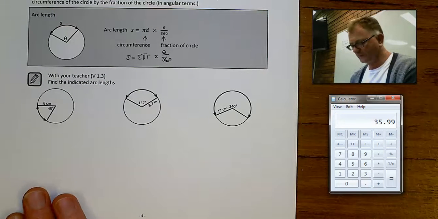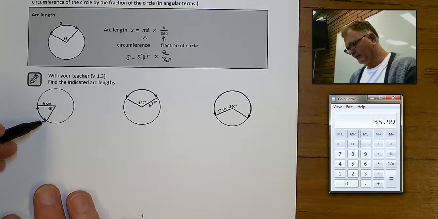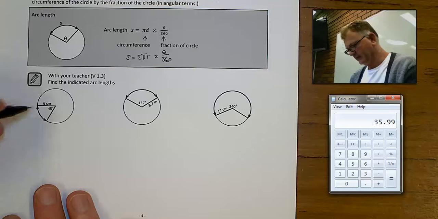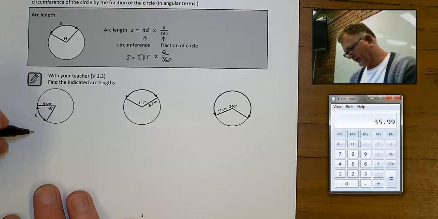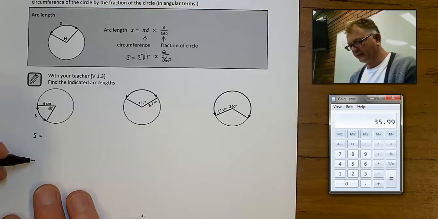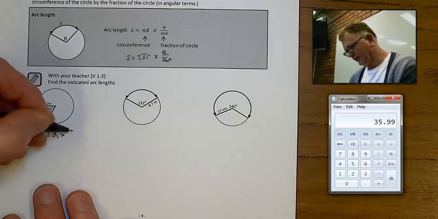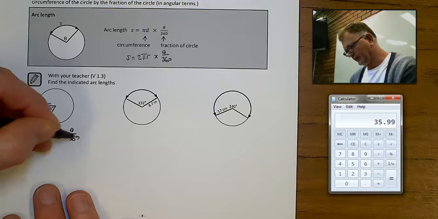So you could do it like that: full circle circumference times the fraction of a circle that we're working with. In this case, if we want to work out the distance from here to here, I'll call it S. That arc length S is equal to the full circumference of a circle. Now I'm using pi times diameter, pi d, times the fraction of the circle we're dealing with.